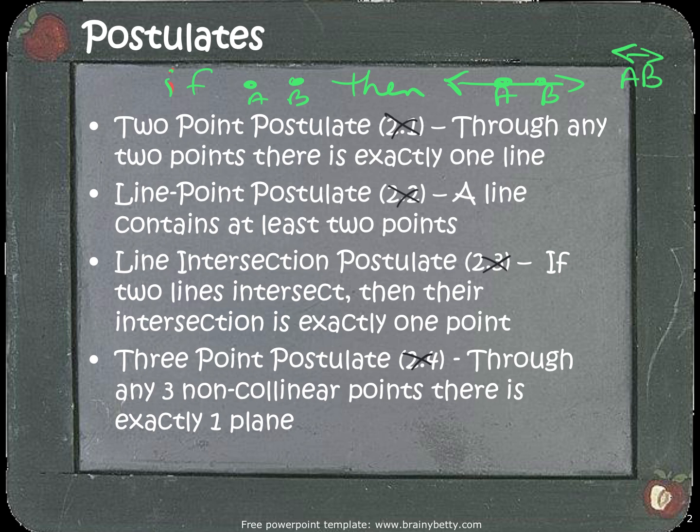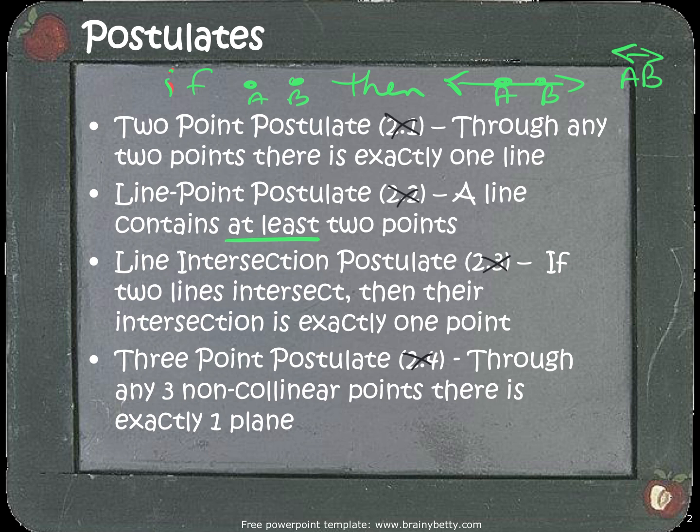The second postulate is called the line point postulate, and this one states that a line contains at least 2 points. So that means that there has to be at least 2 points on there. There could be 3, there could be 4, but if you remember back to chapter 1, in order to name a line, you need 2 points, or you need to name it with that lowercase letter if there was one next to it.